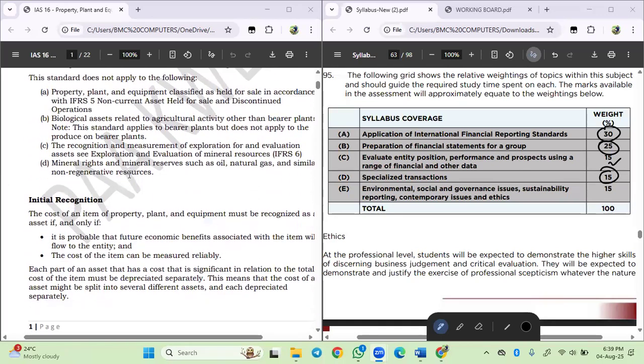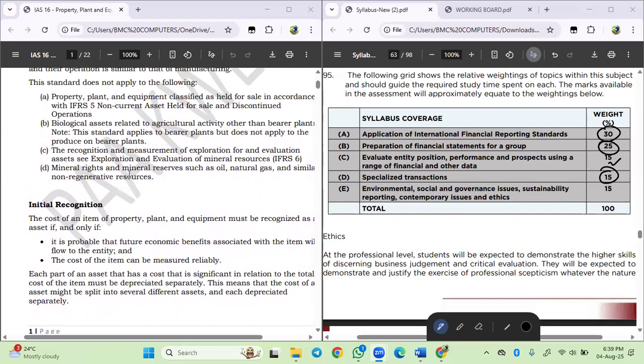Now let's talk about the recognition, the recognition criteria. In accounting, if you talk of recognizing something and also measuring the asset or the liability, we know what it means. Most of us did FR, and some of us did CR last diet.